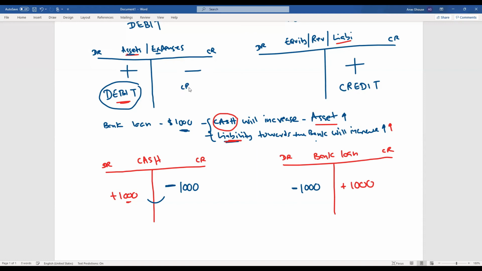On the other hand, an increase in equity, revenue, or liabilities will always be a credit entry, and a decrease in equity, revenue, or liability will be a debit entry.